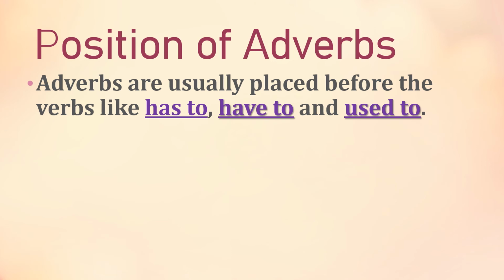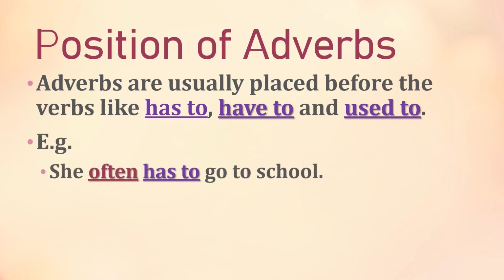Let us take an example for this also. She often has to go to school. So here you have the verb has to used in the sentence. Because the verb over here is has to and nothing other than this, you will first write the adverb often followed by the verb has to. And your sentence is all good to go.